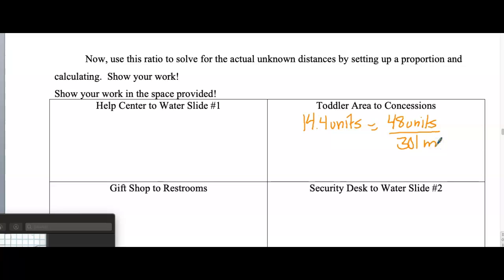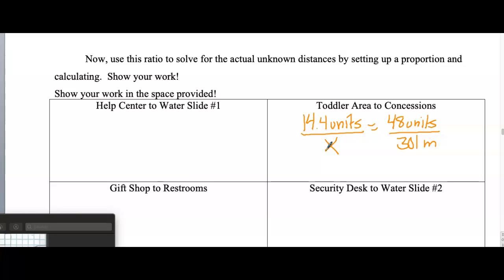If units are on top in my ratio, units have to stay on top in my second ratio. So I don't know how many meters that 14 and 4/10 units is, so that's going to be my variable x, because that's what I'm trying to figure out.